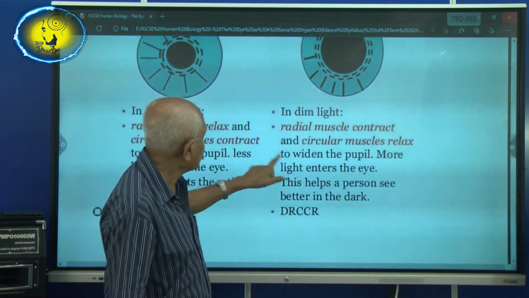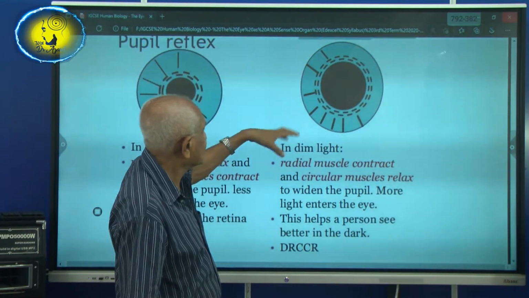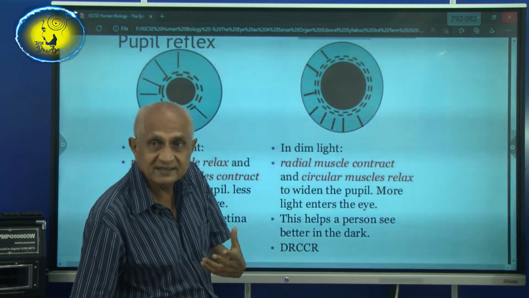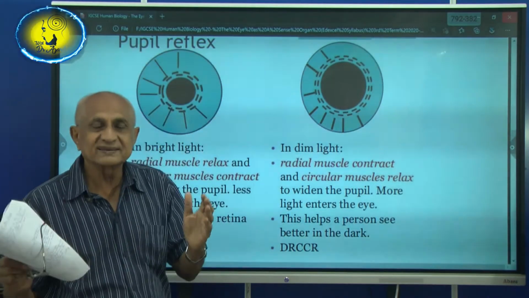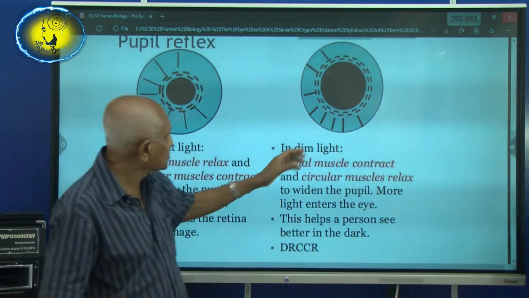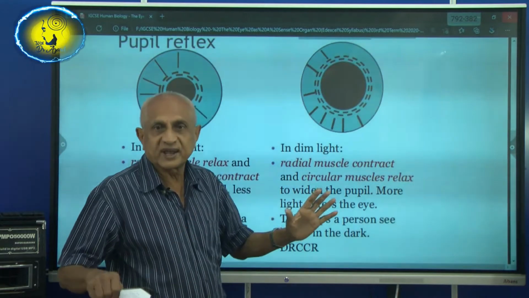Here you find the pupil is becoming bigger because you are in dim light. So you have to get the maximum light rays entering your eye. So it becomes bigger. Radial muscles contract.